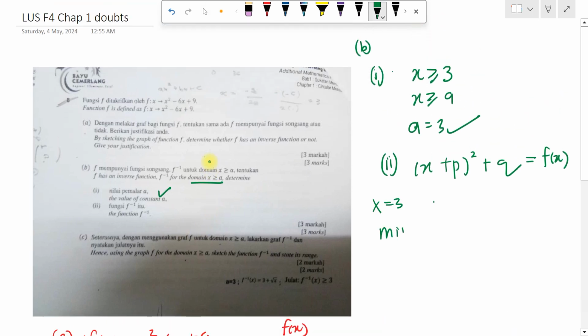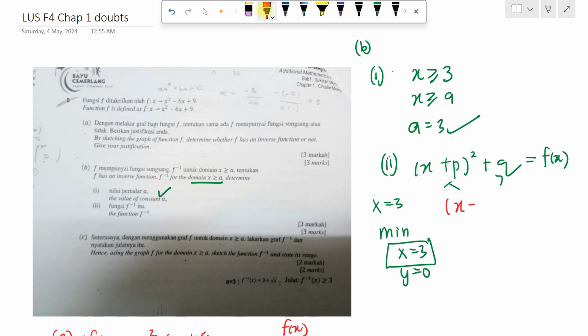It will show the minimum of y equals ax square plus bx plus c, x equals to 3, and y equals to 0. Okay, you make it negative and put it here for the p. Q you can straight away put in. That's how you do the completing square using your calculator. This one you will learn in chapter 2 lah.